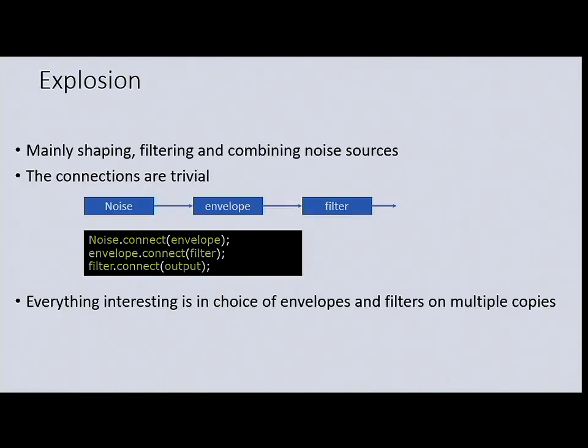So if a car rushes past you over gravel, you might get more high frequencies than a big truck or lorry going down the road past you. So you filter it for the type of sound that you want. You modify the envelope, but there isn't much more that needs to be done.